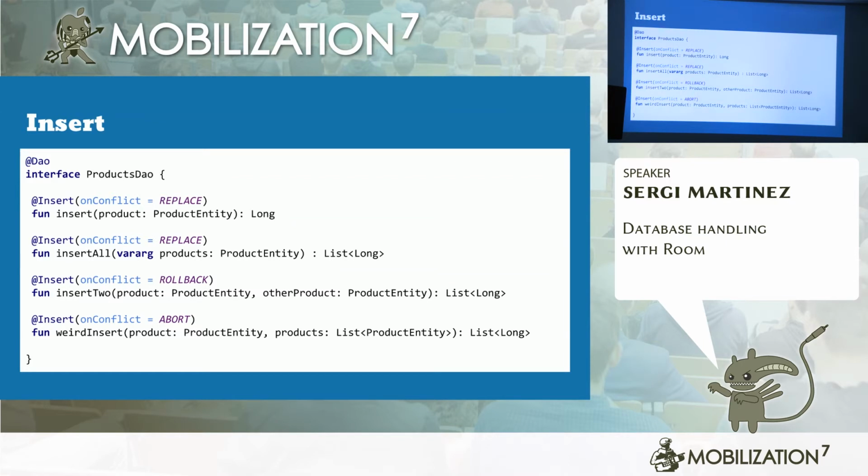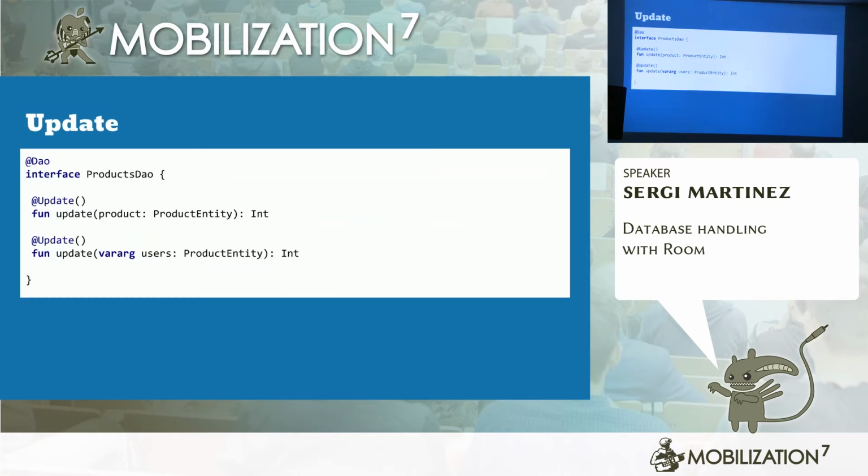So what I want you to see is that we have a lot of combinations. We can do a list, we can do a single object, we can do three objects, whatever. Okay? Room is smart enough to understand what you want to do with it. Update, exactly the same. We can say one, we can use vararg, we can use a list, a single one and a list, and so on.